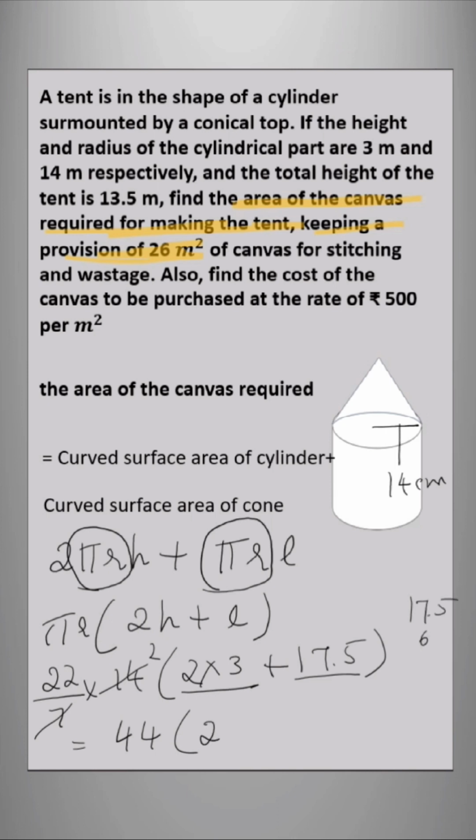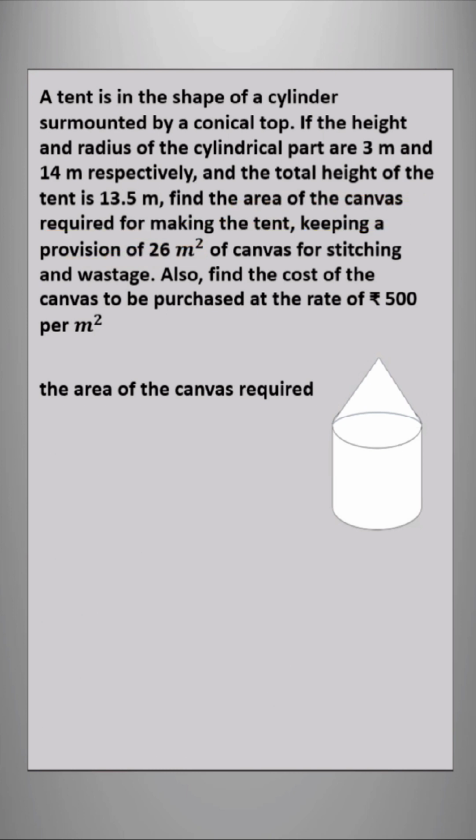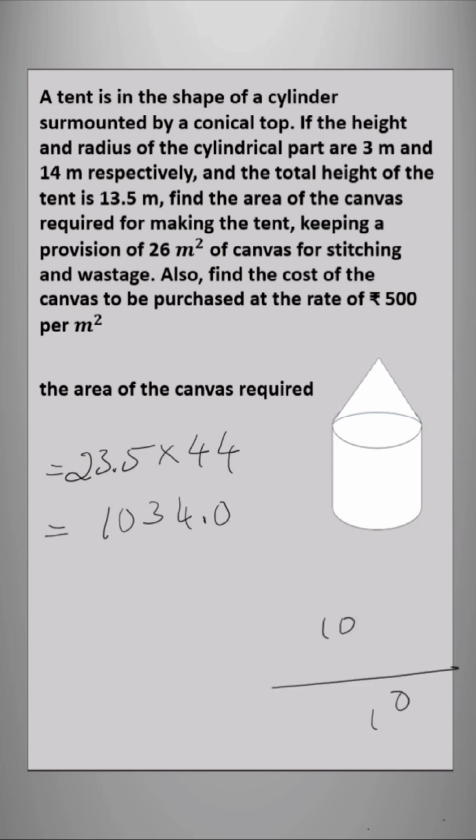So 44 into 23.5. Now we can write area of the canvas required is 23.5 into 44, which is equal to 1034. Now let us write the unit, meter square.